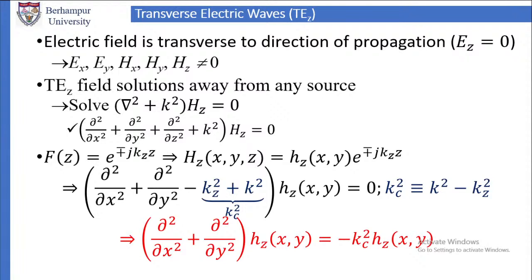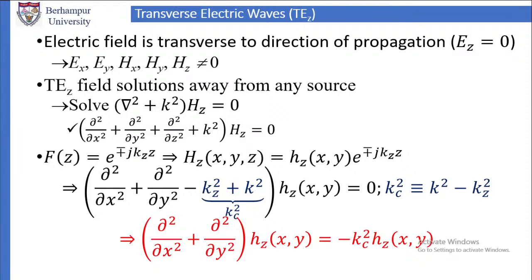We have said that the electric or magnetic field in general can be represented as F, where F is either E or H, and the z variation is of the form exponential minus plus j k subscript z, z.